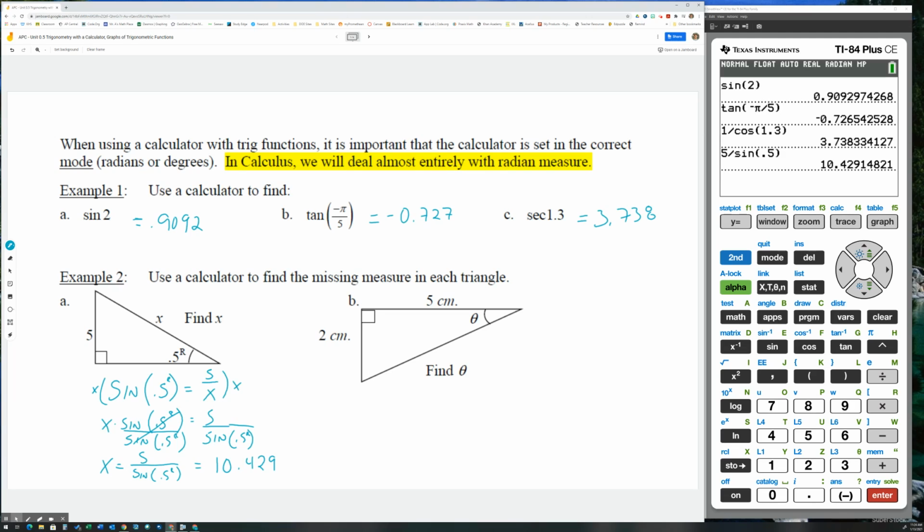For the final example here, 2b, we've been given two sides, and we're supposed to find the value of theta. To do this, we're using what's known as an inverse function. We're going to work backwards in order to get our values. We have an opposite and adjacent, and that can be found by using either the tangent or the cotangent. We're going to stick with the tangent because it works easier with the calculator.